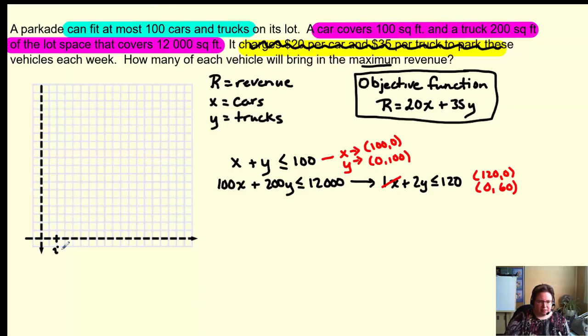So 20, 40. Remember, you don't have to put every single tick mark on the graph when you do it. Just enough so that the person reading knows what scale you used. And you don't have to use the same scale in your x and your y.